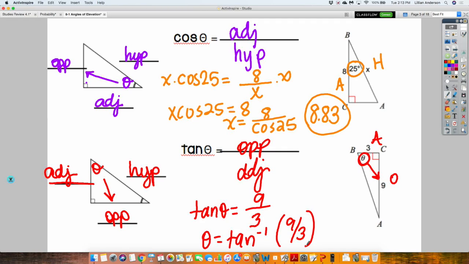So if you want, you can just do 3 second tan, and you should get your answer. 71.6. Should be 71.6. You gotta do 9 divided by 3. Oh, I didn't do that. Yeah. And then second tan. There you go.